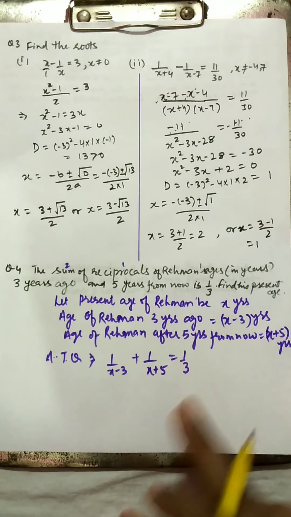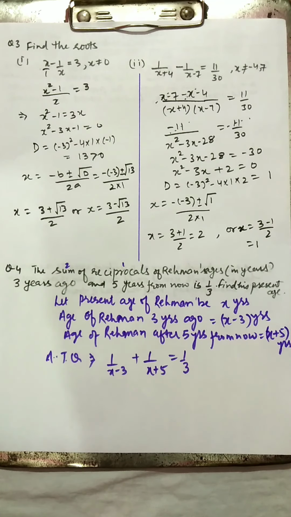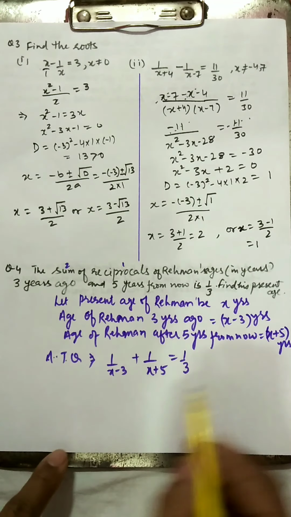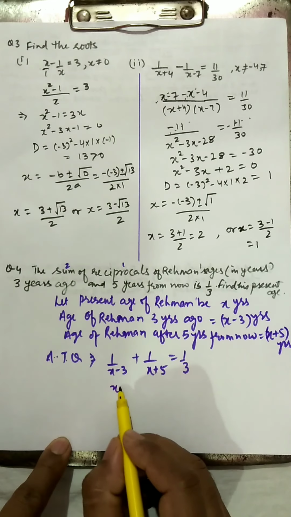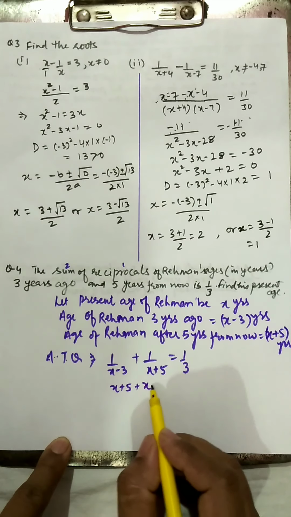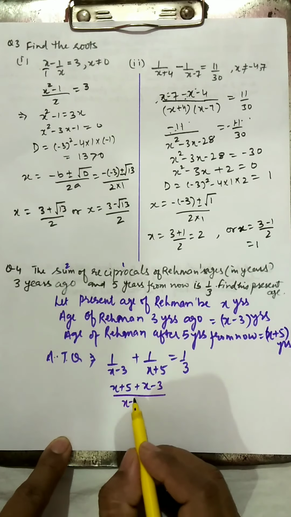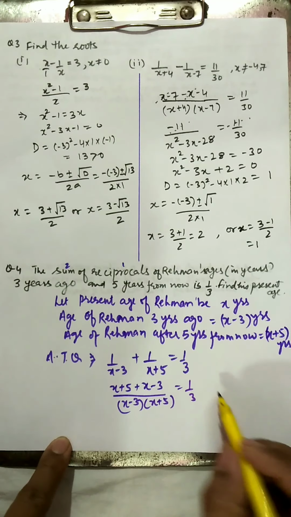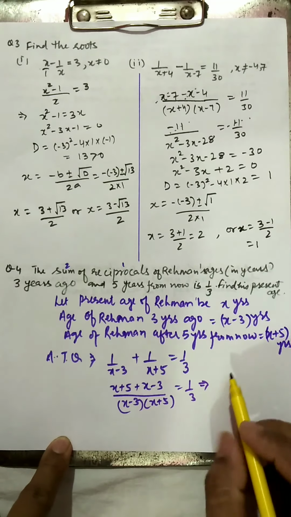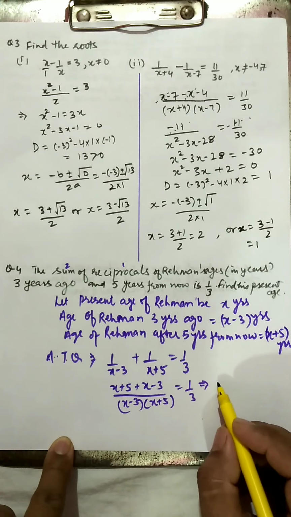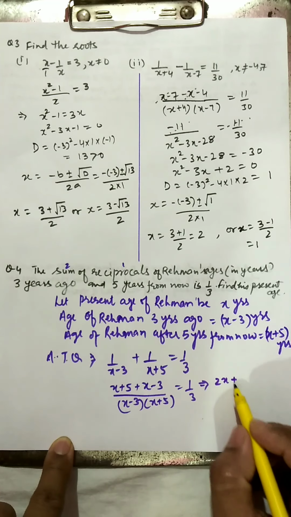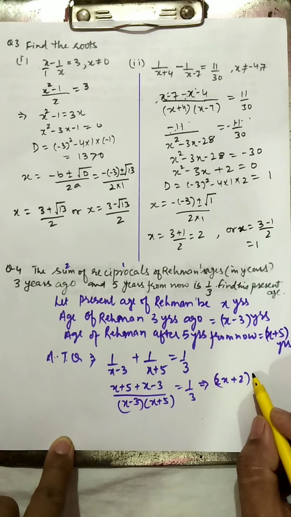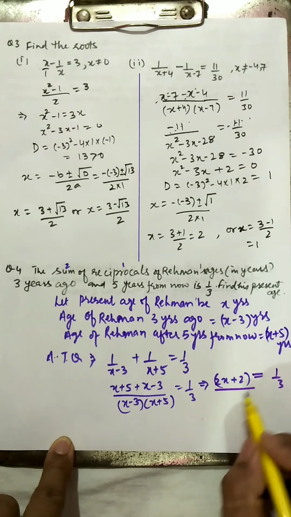I am simplifying and converting this into the general form of quadratic equation, and after that you will be solving with the help of quadratic formula. So you take LCM. LCM will be this X plus 5 plus X minus 3 upon X minus 3 X plus 5, and this is going to be 1 by 3. So it can be simplified like this is 2x and this is 2x and this is plus 2, and do the cross multiplication after this step. 1 upon 3, you can open this bracket also.